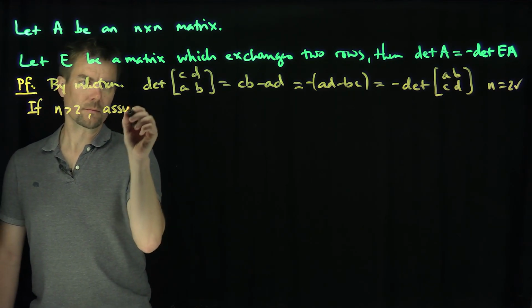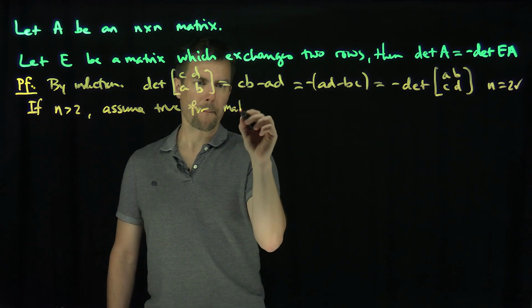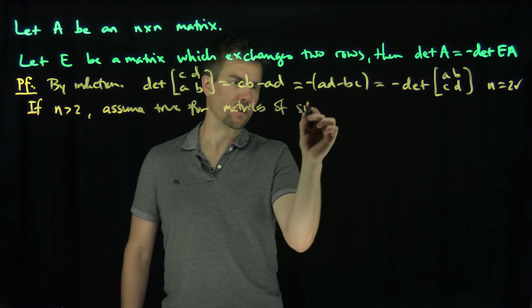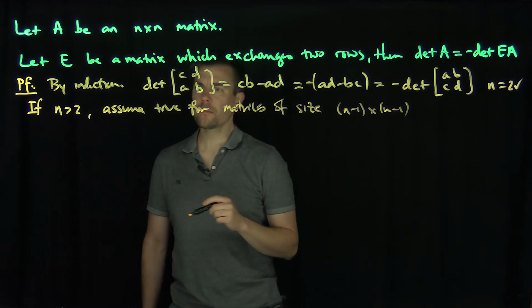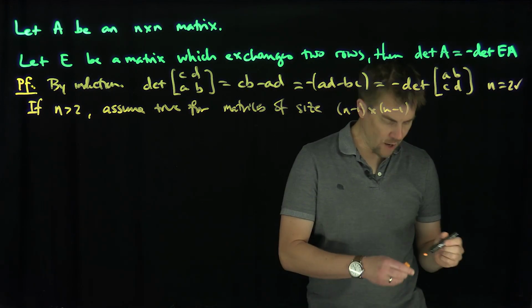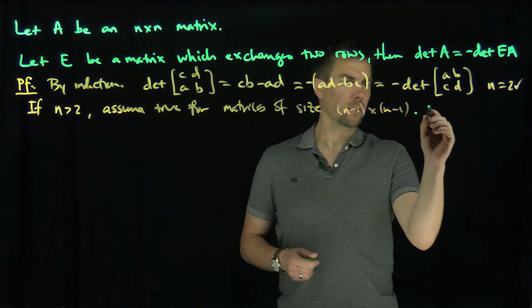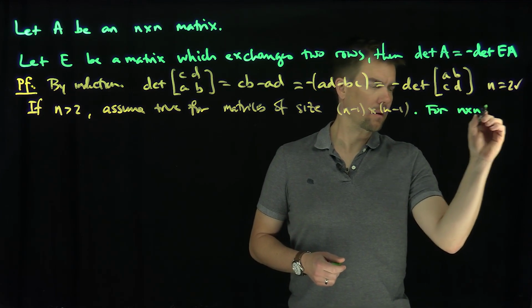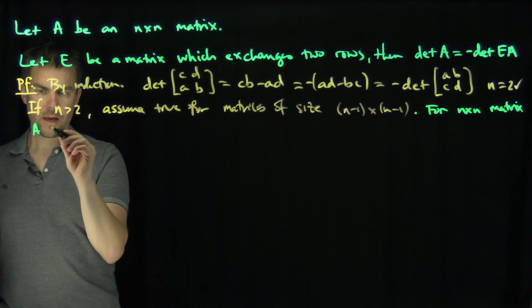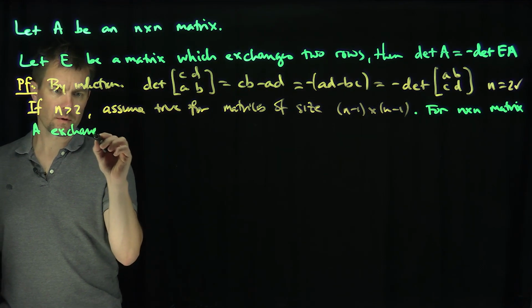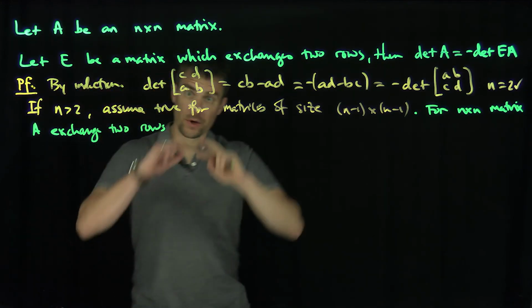Assume it is true for matrices of size n minus 1 by n minus 1. Now let's take an n by n matrix A and exchange two rows.